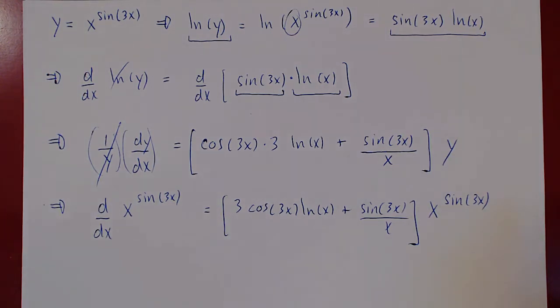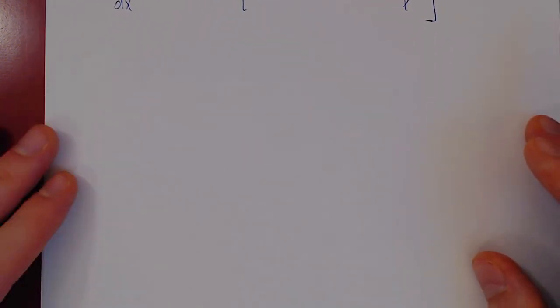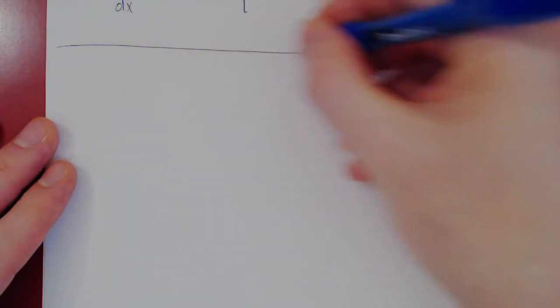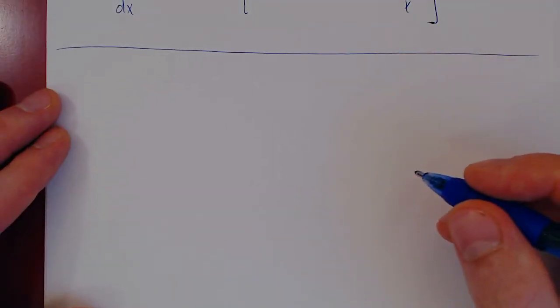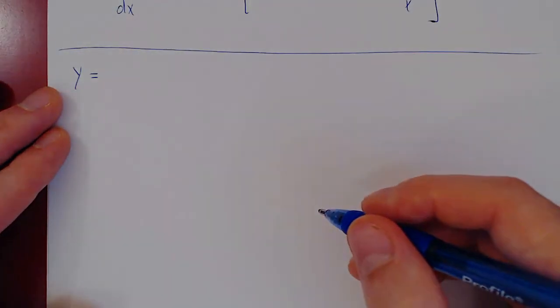Let's consider now just two examples where we do not have to use logarithmic differentiation, but where using it either way will save us a fair bit of work. So consider the following problem. Suppose we want to find the derivative of the following function. So y equals, and I'll give you a rather unpleasant quotient.